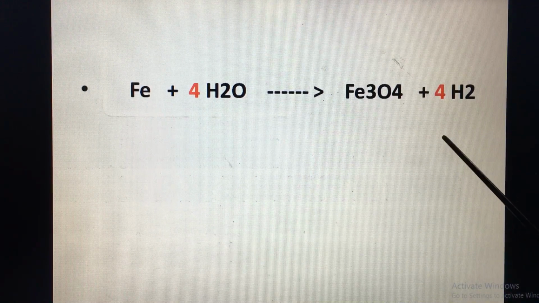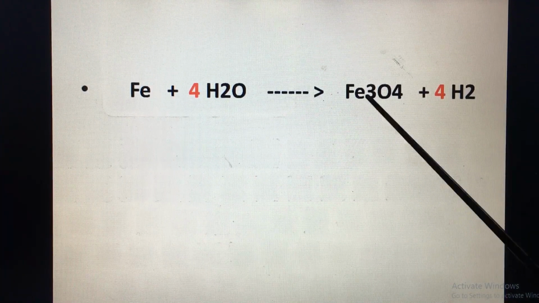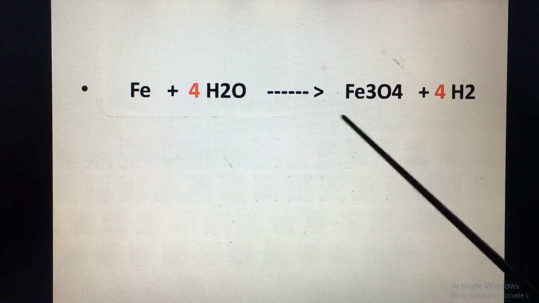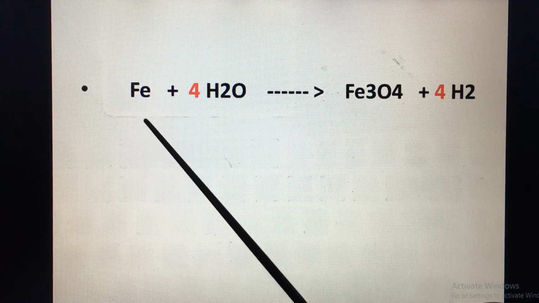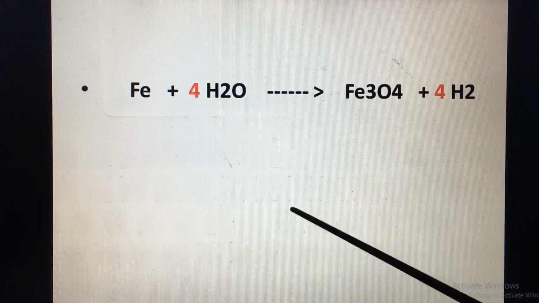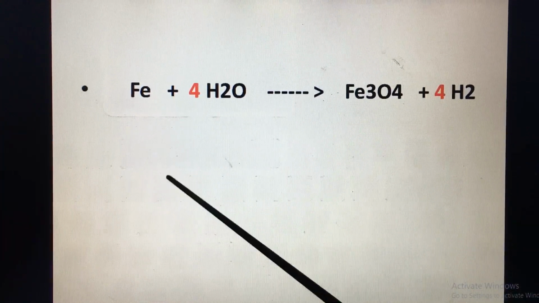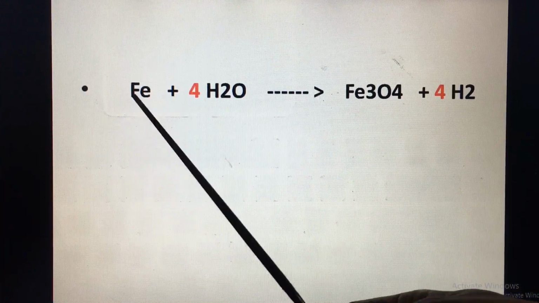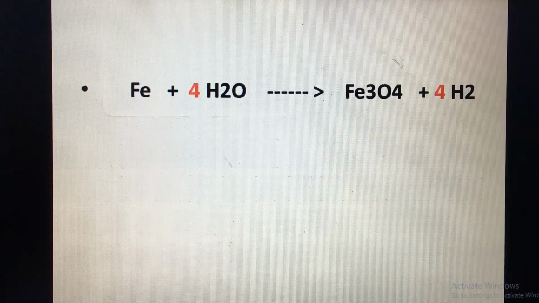Now, next is iron. Here we know that on the RHS side 3 iron atoms are there. On the LHS side 1 iron atom is there. So we are going to multiply by 3 here. And can you see that's all balanced?